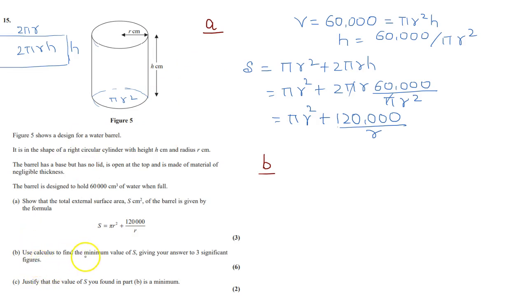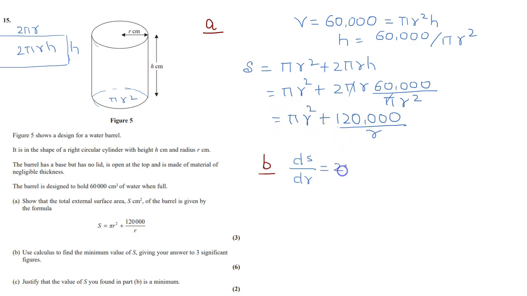Part B. Use calculus to find the minimum value of surface area to 3 SF. For the extreme value, let's find dS over dr. We differentiate the surface area with respect to the radius.